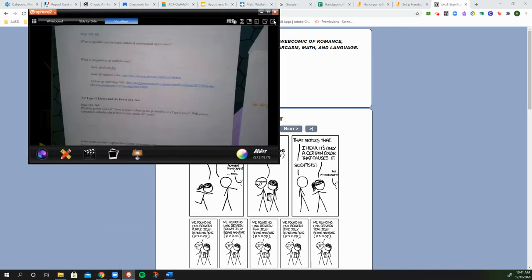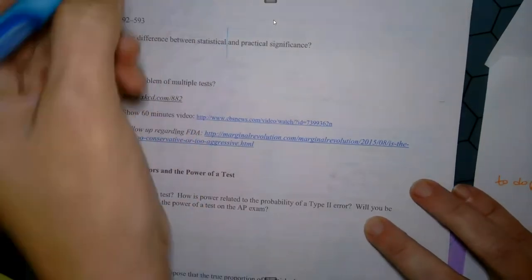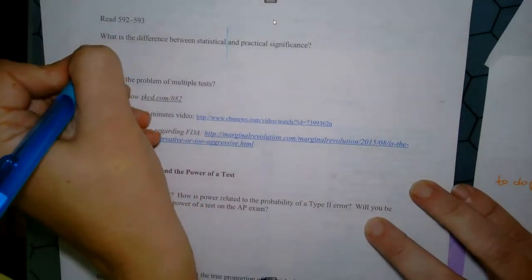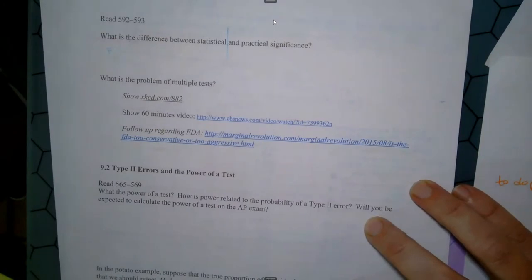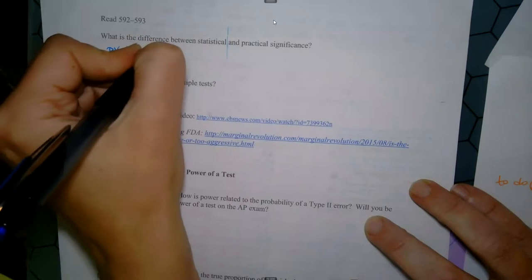So, the idea here is that statistical significance is you're following this technique that we've learned, and if something is statistically significant, all it means is that you have found something where the p-value is less than the alpha level.